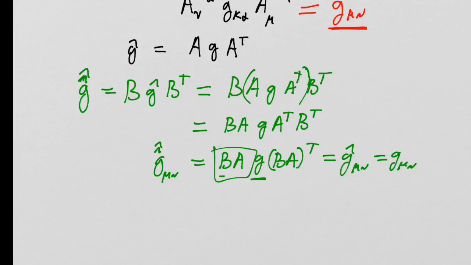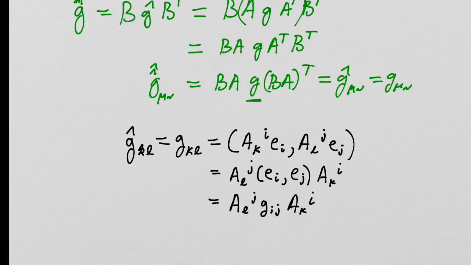So if B is part of the isometry group and A is part of the isometry group, then the matrix B times A is part of the isometry group. Now, because we know that it all comes from the general linear group, the question we have is about inverses, and there being a unique inverse.